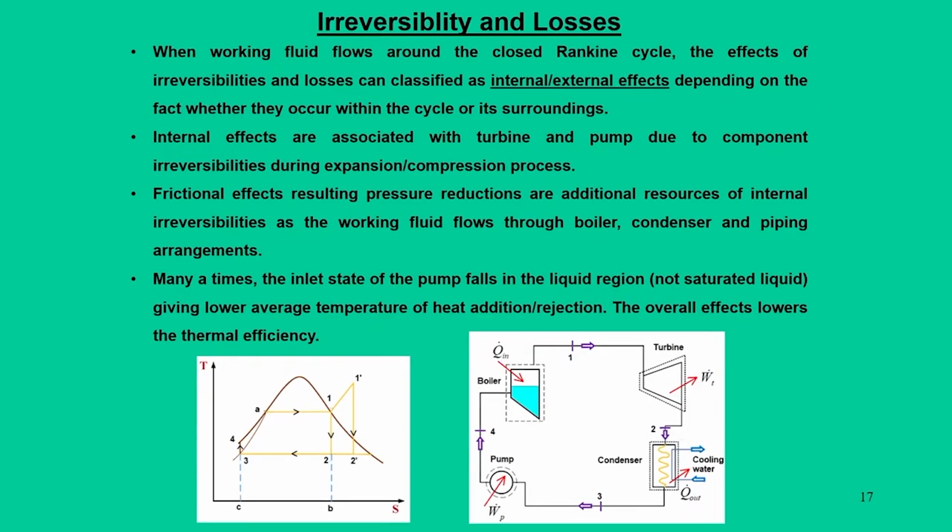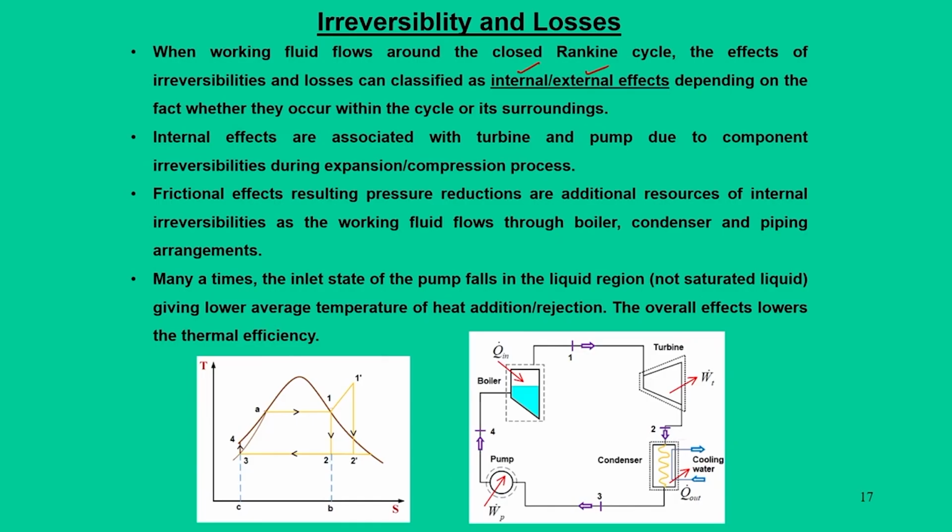Now, apart from that, we are going to look into other possibilities, which we categorize as irreversibility and losses. Irreversibility and losses are categorized into two effects. One is internal effects, the other is external effects. Let us understand what the external effects are. Normally the high temperature region is the boiler and the condenser is the low pressure region, and ideally we say they operate at constant pressure.